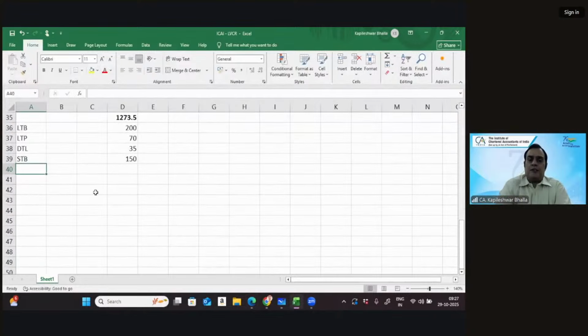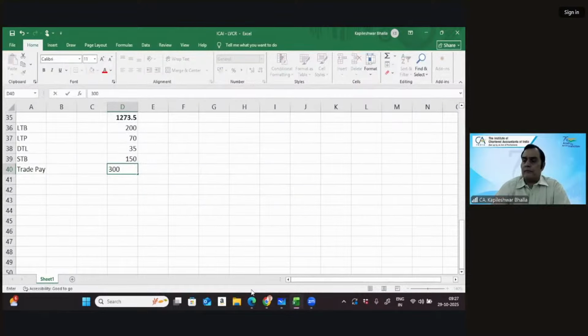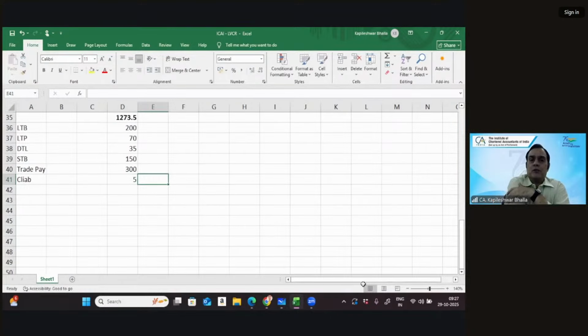So we take the trade payables, that is 300. And I think that's it. And further, lest we forget, there was a contingent liability as well. I think the contingent liability was to the extent of 5. So we can take the sum total of this as well. That will give me the liabilities. So now we can comfortably take the net assets, and that would be assets minus liabilities.